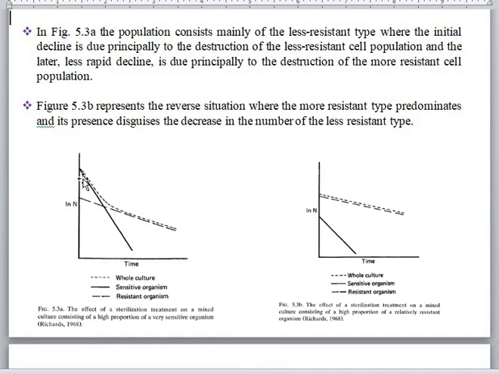So you first give the sterilization treatment. While a large number of cells is present, you are going to sterilize a particular medium. During sterilization, the sensitive organisms begin to die and decline. That is, the microorganisms are dying.